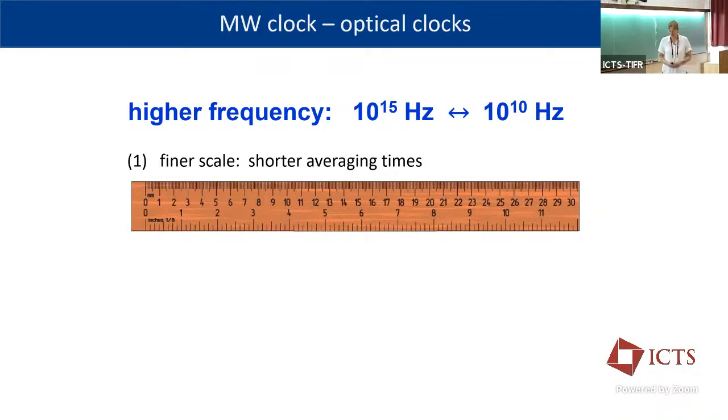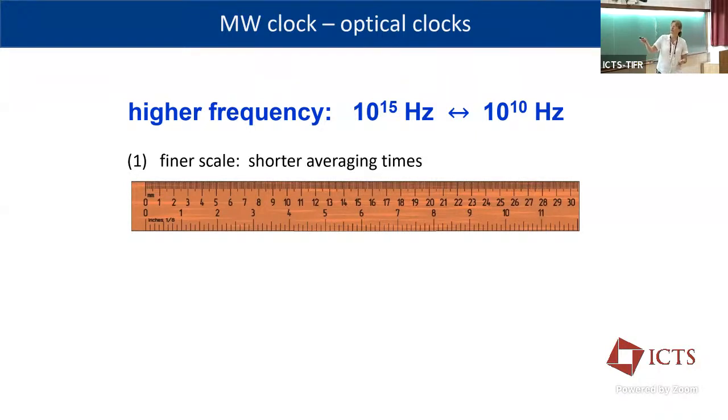And now coming back, why are optical clocks so much better, more accurate and precise than microwave clocks? Well, the first very conceptual argument is that you're basically using a finer scale. As I said, instead of using a microwave with a wavelength of several meters, you're now using an optical wave with a wavelength of hundreds of nanometers.